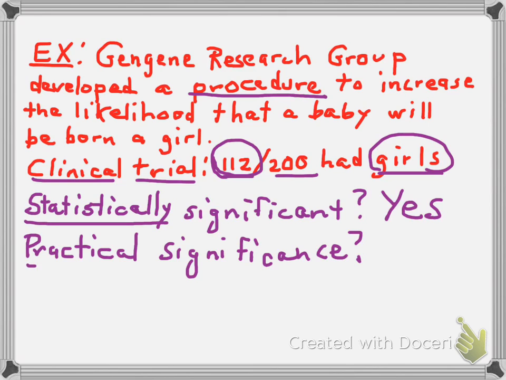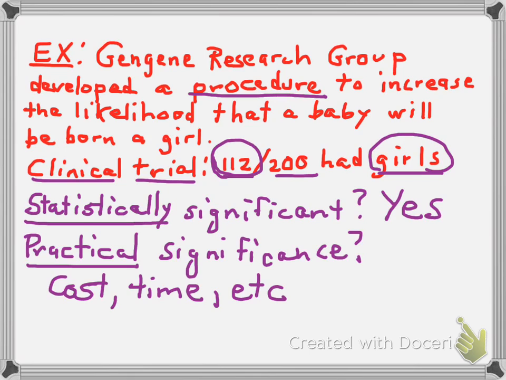So we're looking at the practical significance. You have to determine, based on cost of the procedure, time that you would need to do the procedure, etc., if that's practically significant to you.